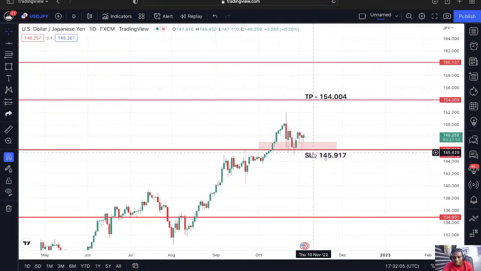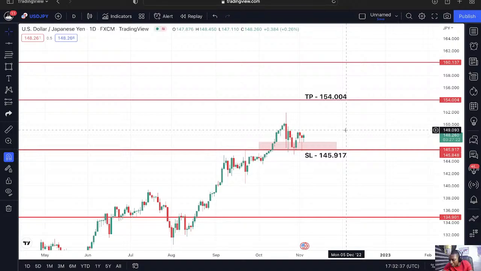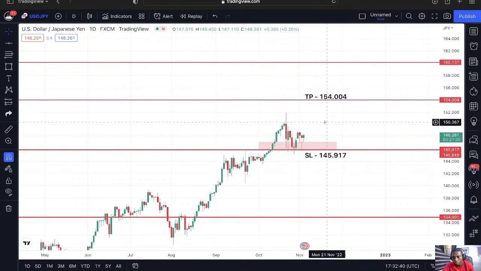That demand zone would be where our stop loss would be, and then at this level would be where our take profit. As price keeps moving into our profit, what happens? We will be moving our stop loss above our entry level. It's called edging. We will be able to hedge or break even, which is very, very important for us to adopt.